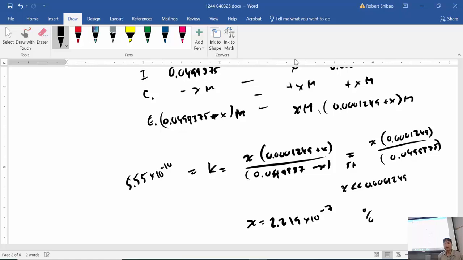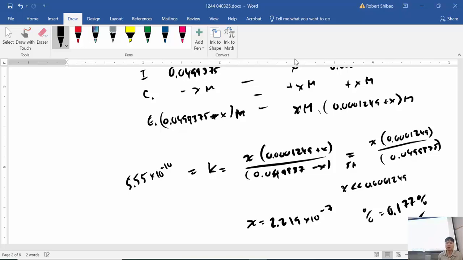So first we'll check the percent change. So that divided by 0.0001249 times 100. The percent change, we're okay. It comes out to 0.177%.